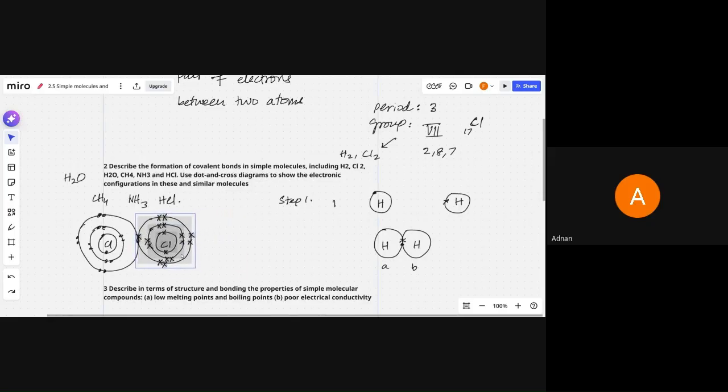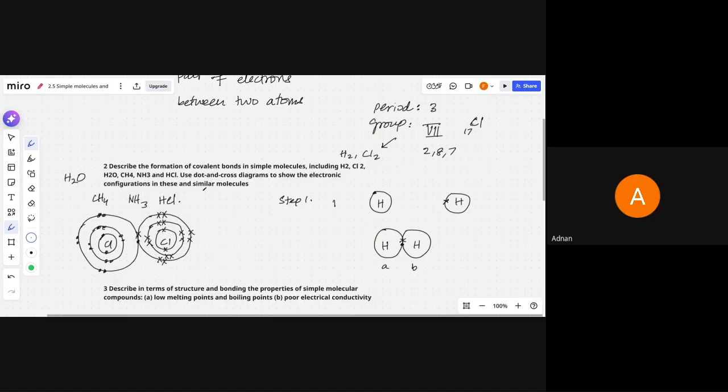Like this. So here you can see that the outer shells are overlapping, and in this overlapped area we can see a shared pair of electrons, right? So this is the dot and cross diagram for Cl2.